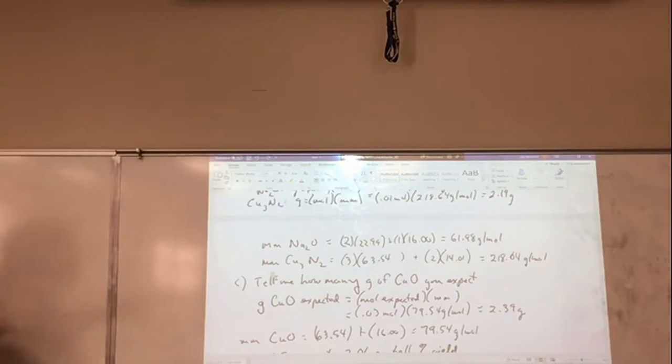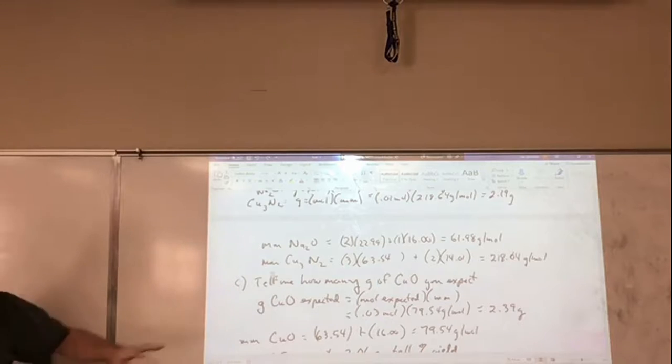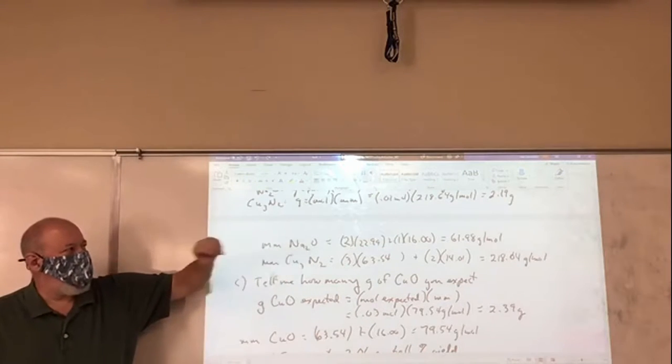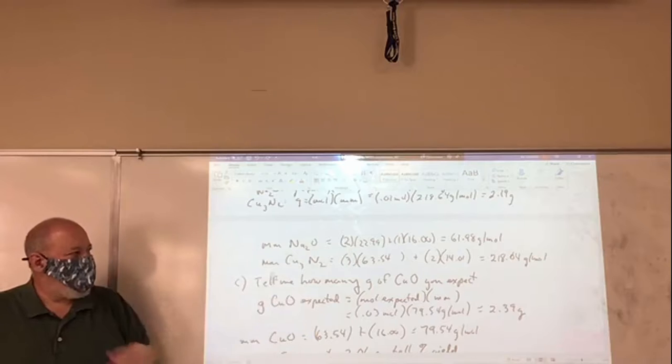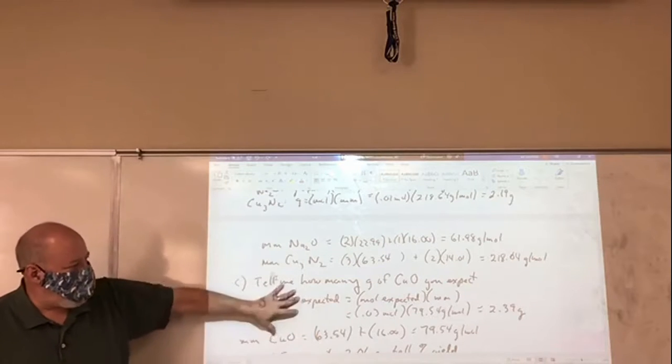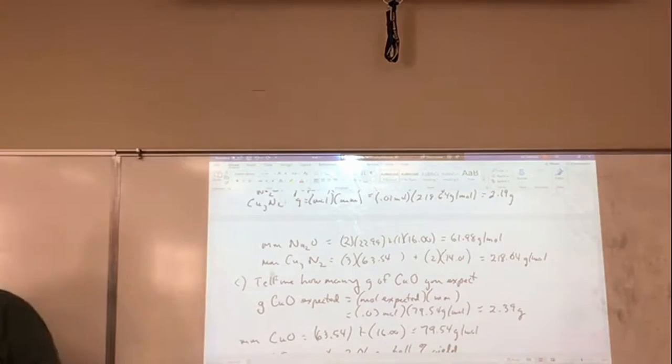But this is what chemists do, right? And unfortunately, some of this is pretty tedious. I can't help that. But if you want to be investigators or you want to do anything in a chemistry laboratory, these are the kinds of things that you need to know how to do in order to carry out investigations related to reactions.